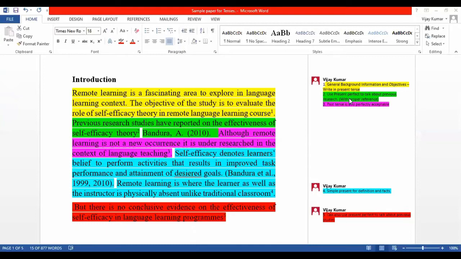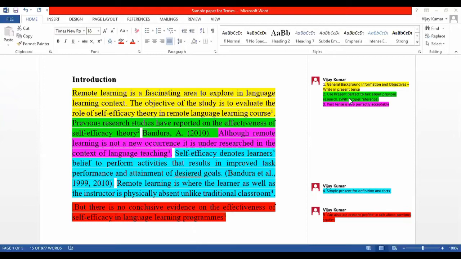And then you will be defining the difficult terms in the introduction. For example, this study talks about self-efficacy. So the readers should exactly know what self-efficacy is. So you'll provide some definition and description of facts.